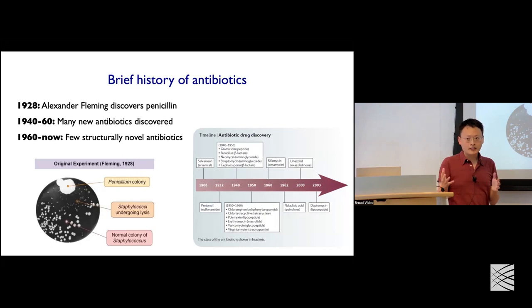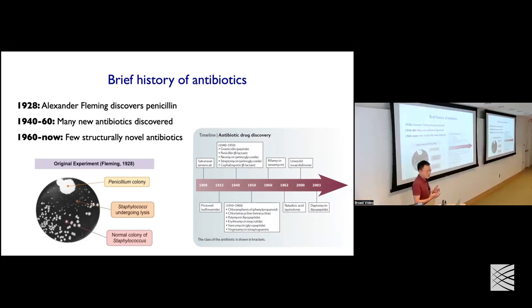In the first few decades after this, there was a gold rush of new drugs coming into the clinics. However, for the last 60 years, there were relatively few structurally novel antibiotics being discovered. The reason this is a big challenge is that if the drugs are not very different from each other, it's easier for the pathogens to develop resistance across many similar drugs.